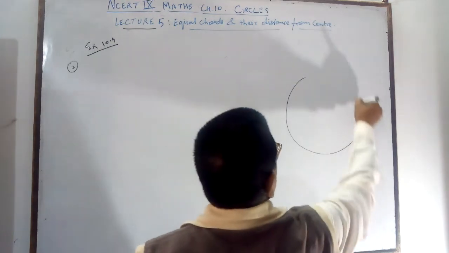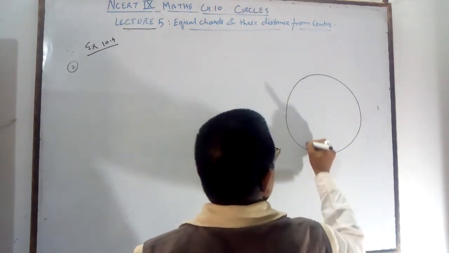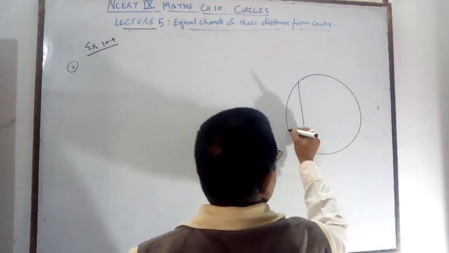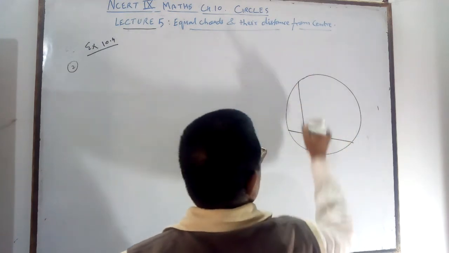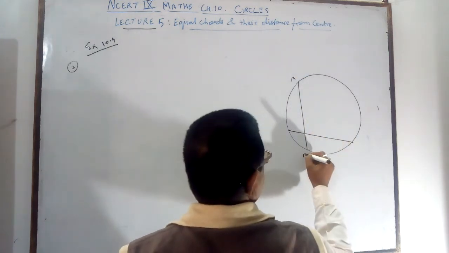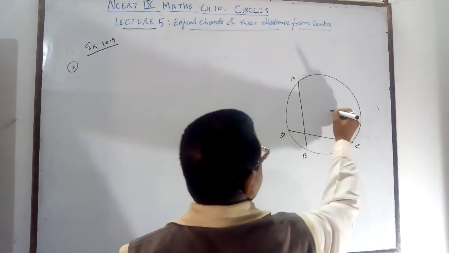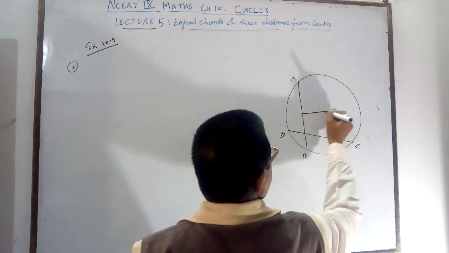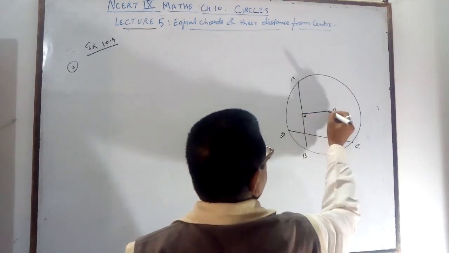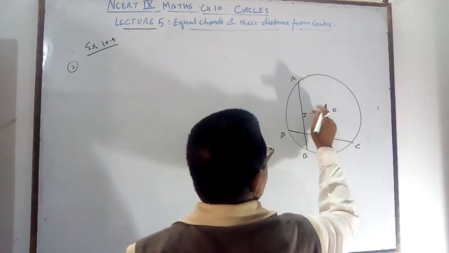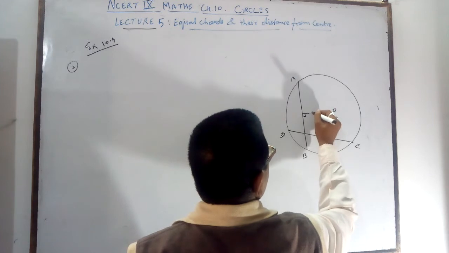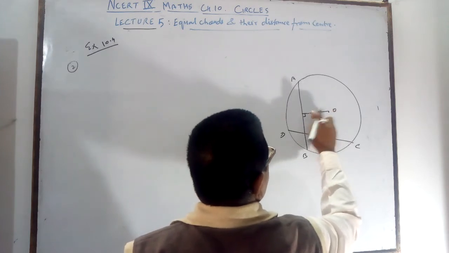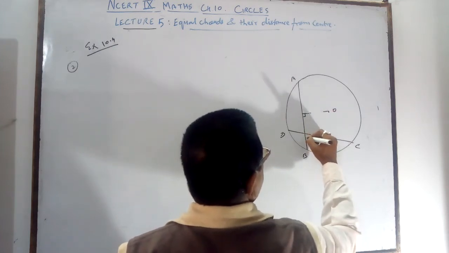You want to prove this. There are two equal chords. One chord is AB, another chord is CD. Both are equal. There is a center O. So you want to prove equal chords intersecting at P.